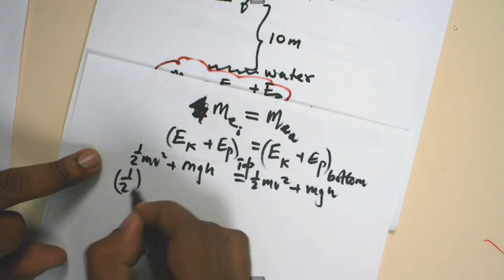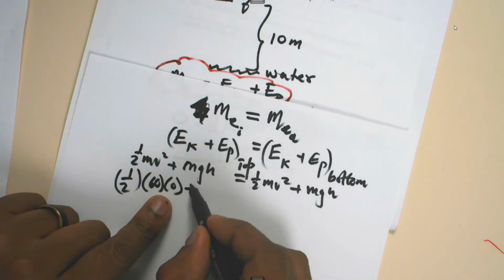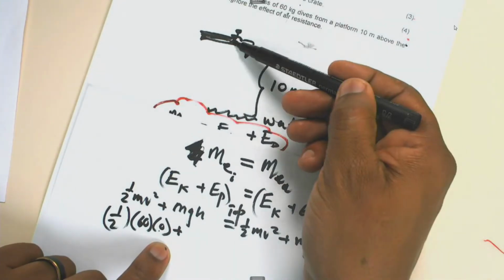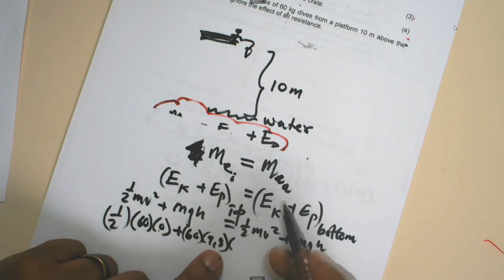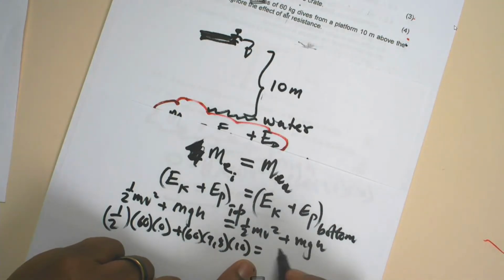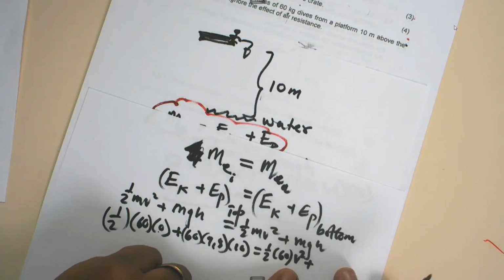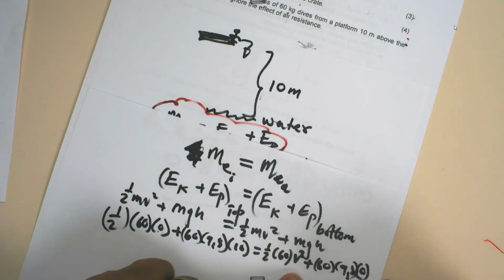Half mv, 60 multiplied by 0, plus 0 because the diver is at rest at the top, and then you have 60, 9,8 multiplied now by the height, which is 10 meters, which is equal to half of 60 v final, which is what we want, v squared, plus now something like 60, 9,8 multiplied by 0.